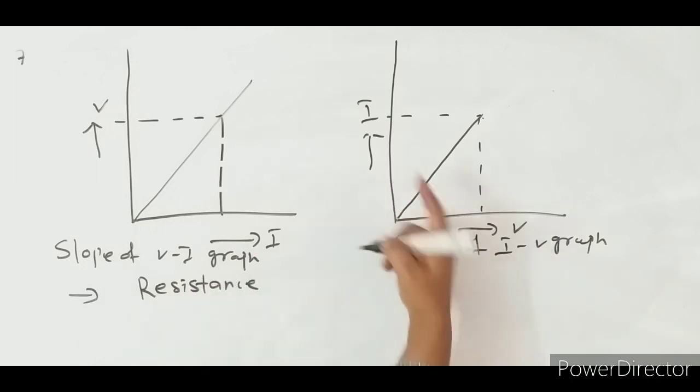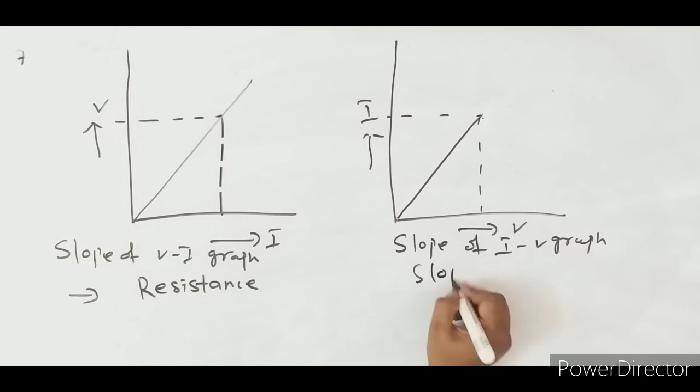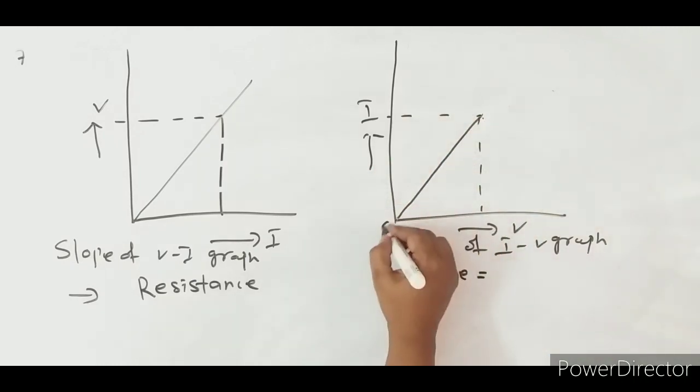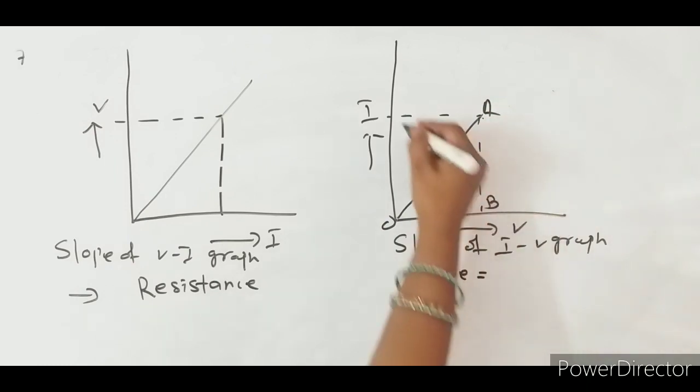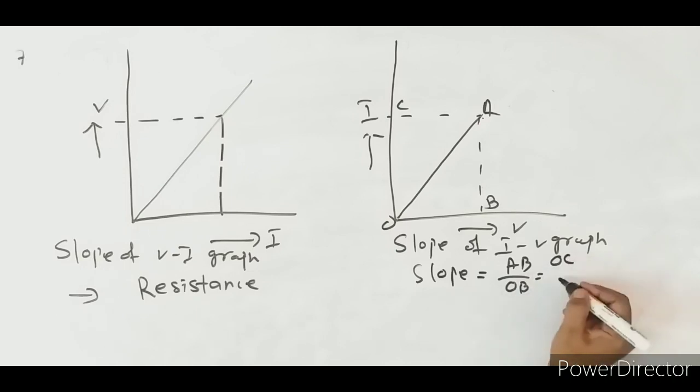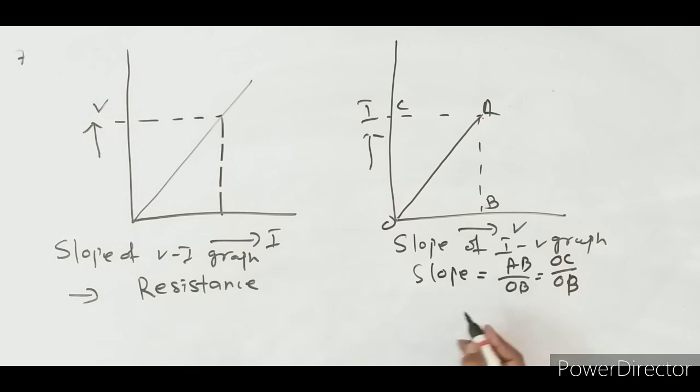But here, what do we get? Slope is equal to, here O, A, B, C, so it is AB by OB, equal to OC by OB, equal to I by V. What is I by V?